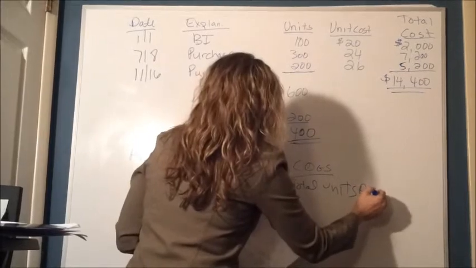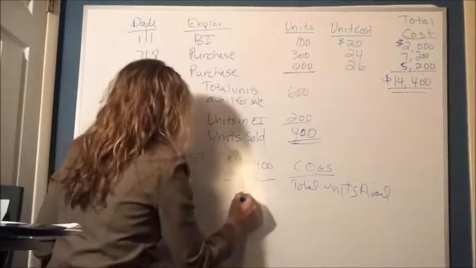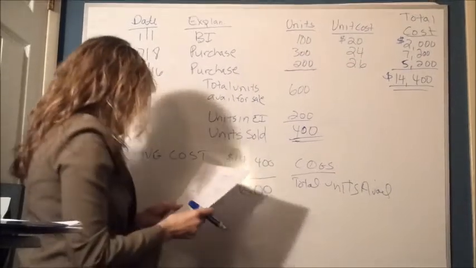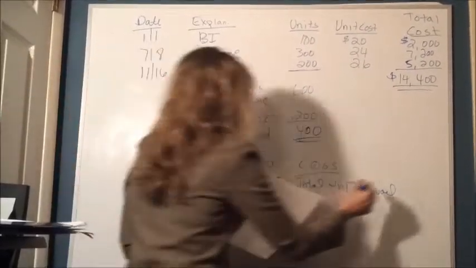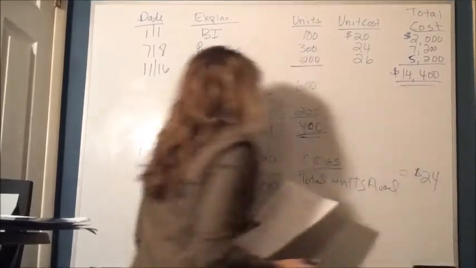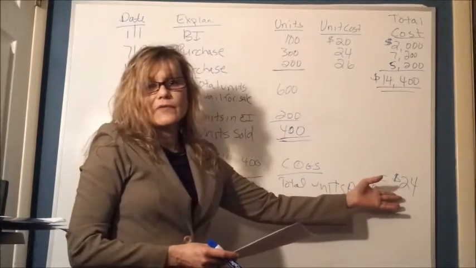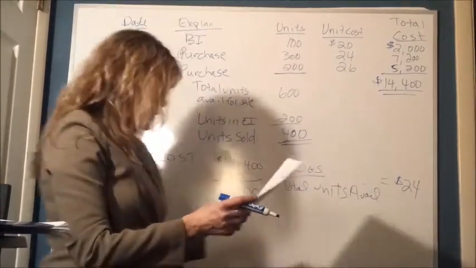Our total units available were 600, right? So $14,400 divided by 600 is $24. So we are going to assume our inventory cost for each item of inventory was $24.